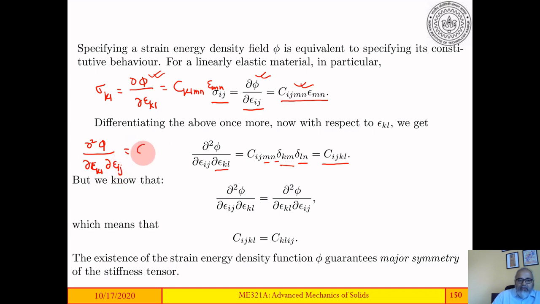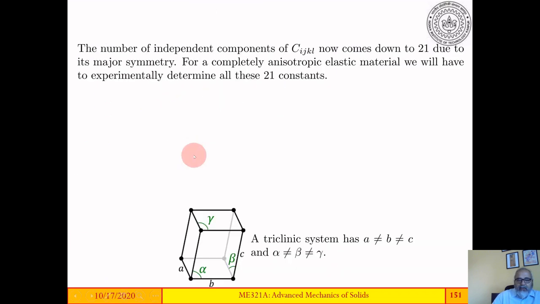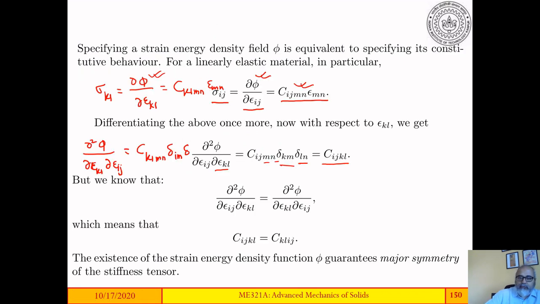So that would give me C kl mn delta im delta jn, which will knock off m and n, so I'll have C klij. Okay, so this is what I will get if I had started with sigma kl instead of sigma ij.